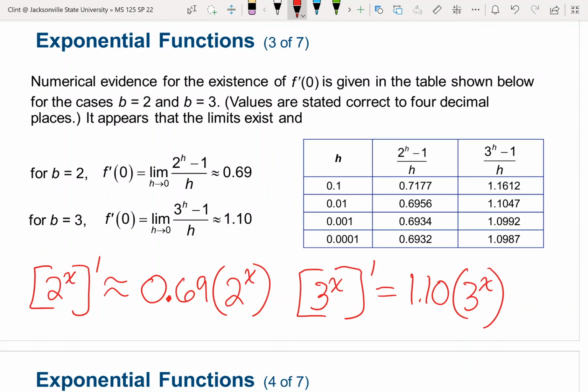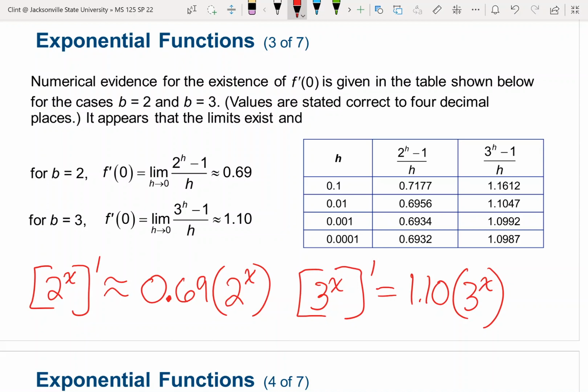Can you think of a really important number that's somewhere between about 0.69 and about 1.10? There's one number that's really nice to work with that's somewhere between those two. 1. So it turns out, thinking about what exponential function would give you 1 for f prime at 0 is a really important question.